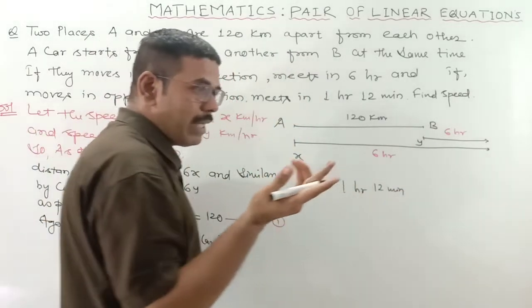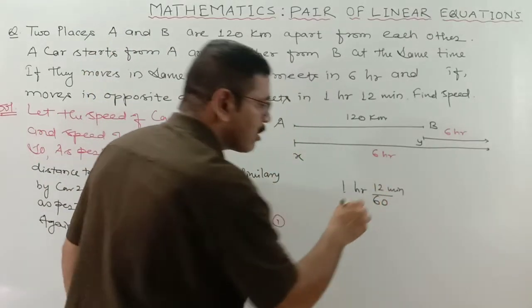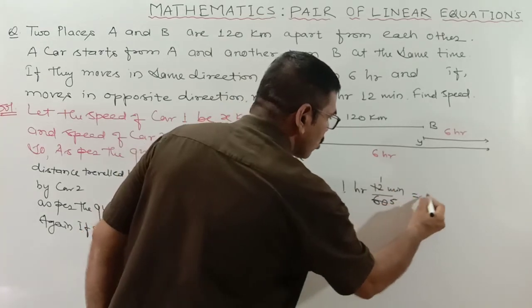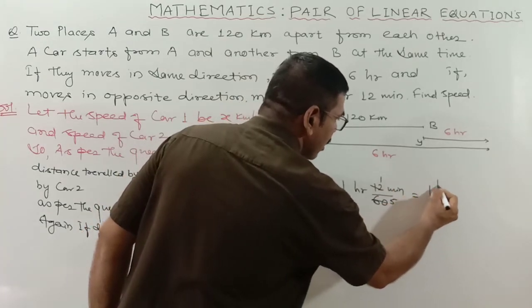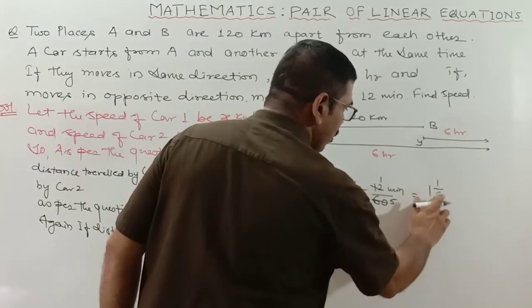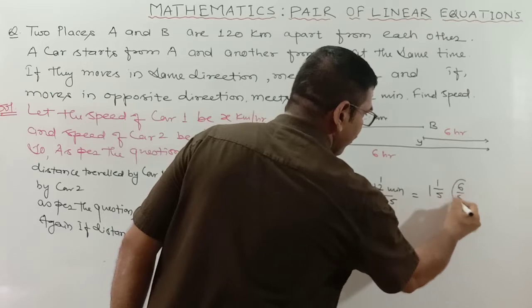So how many minutes are there in 1 hour? That is 60. So we'll divide this 12 minutes by 60. 12 ones are 12, 12 fives are 60. So it will become 1 upon 5, sorry, so 1 and 1 by 5 hour.